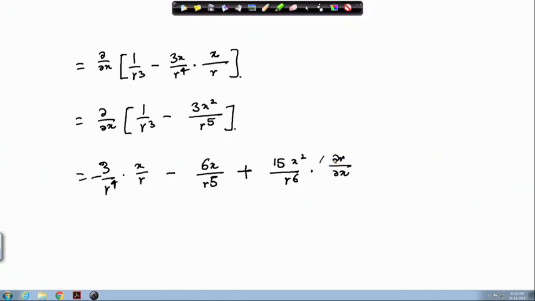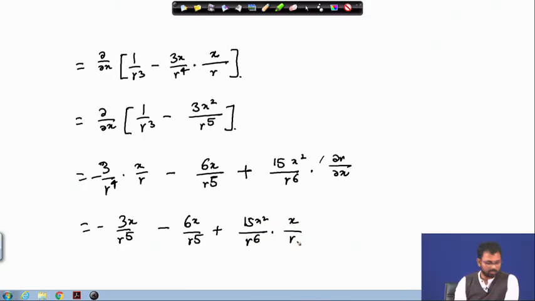Now again, ∂r/∂x would be x by r. So, I can write minus 3x by r to the power 5, minus 6x by r to the power 5, plus 15 x square by r to the power 6 times ∂r/∂x, which would be x by r, all right.